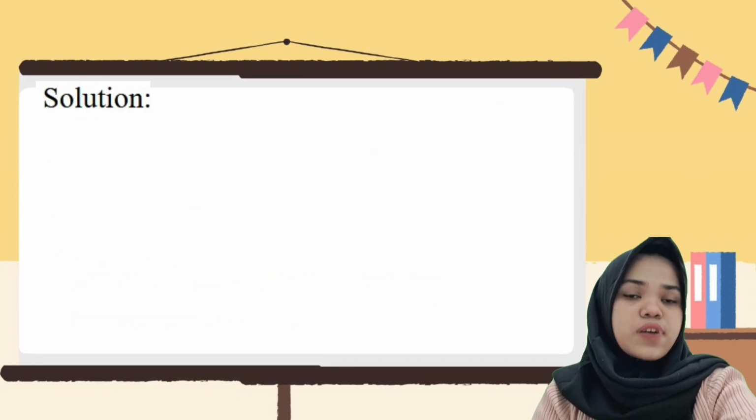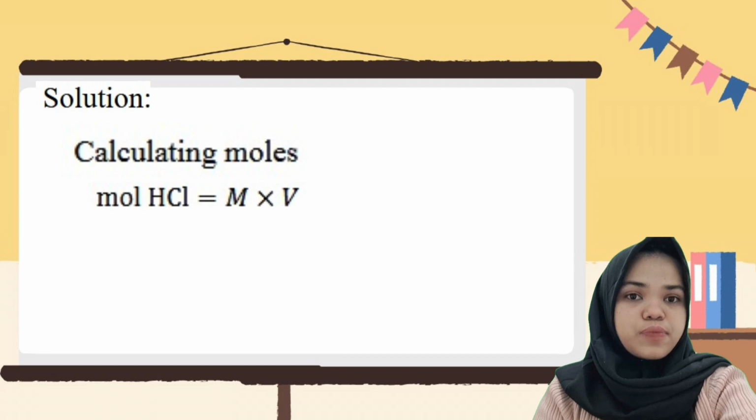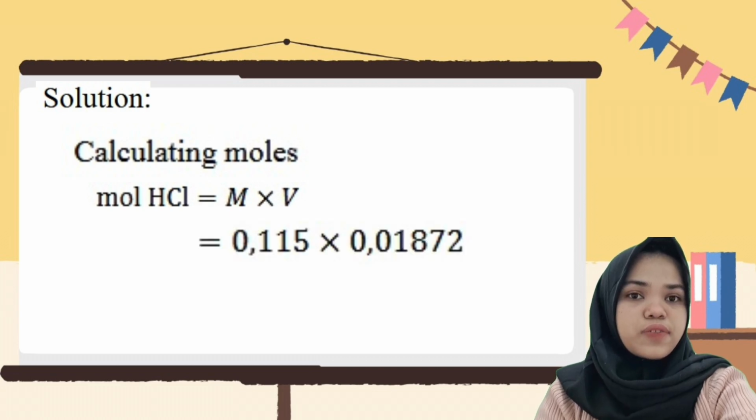Solution steps. First, we calculate the moles of HCl using the formula: moles equals concentration times volume. The concentration of HCl is 0.115 times the volume 0.01872 liters.